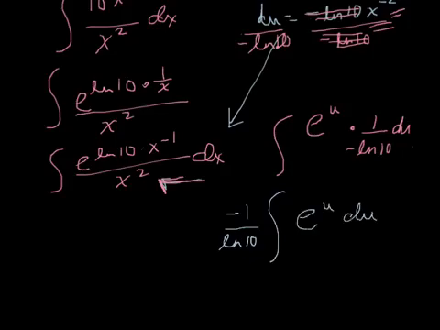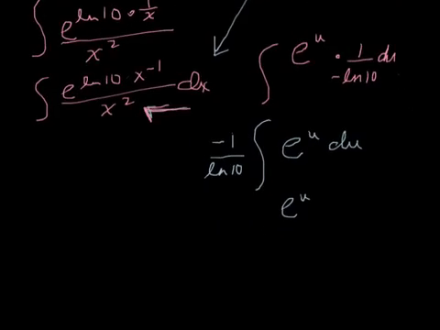So the antiderivative of that is just e to the u. Put everything back together. So it's negative e to the u over the natural log of 10. And now instead of u, I have to put the definition of u, which was natural log of 10 times x to the negative 1 power.